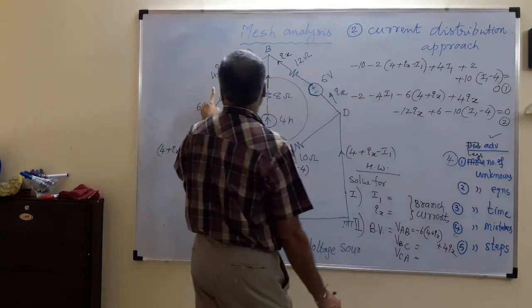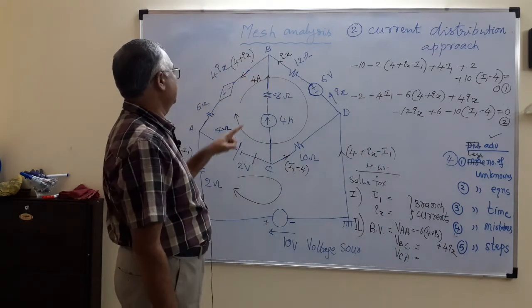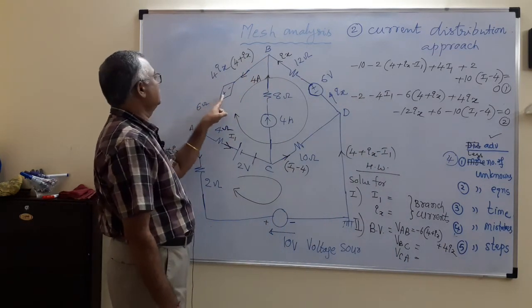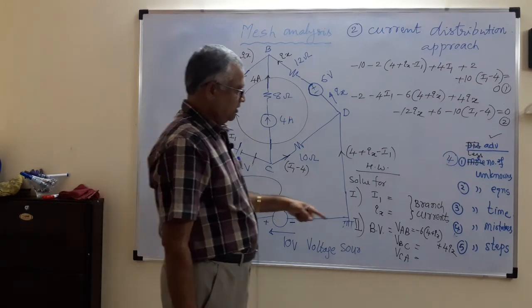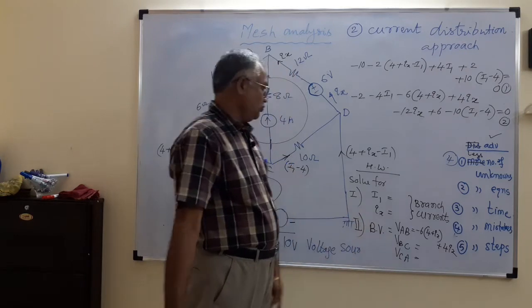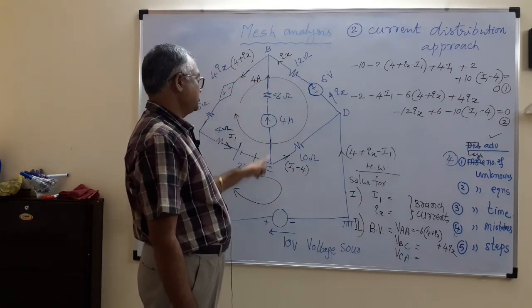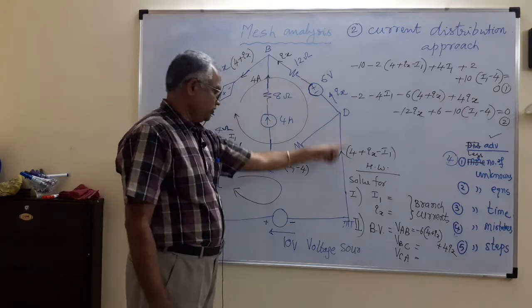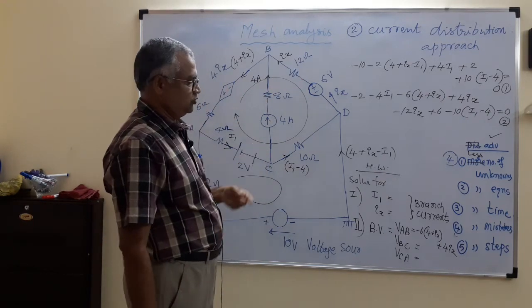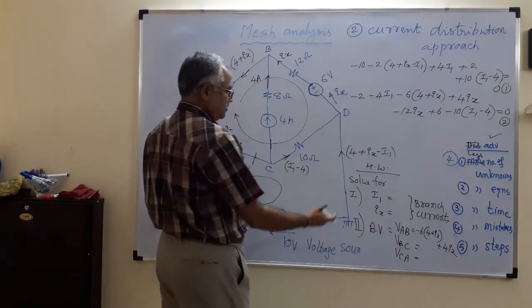That's all. Start from A, go to B. Opposite negative, positive to negative, plus 4Ix. Like that, VBC, VCA, you can do it. But don't go via the current source. You can go like this, you can go like this, you can also go like this. No problem.